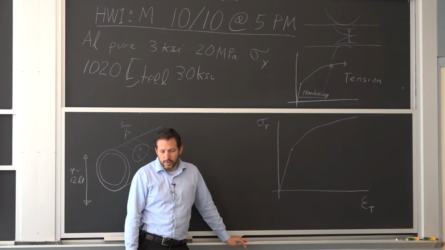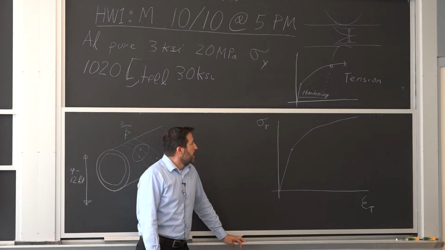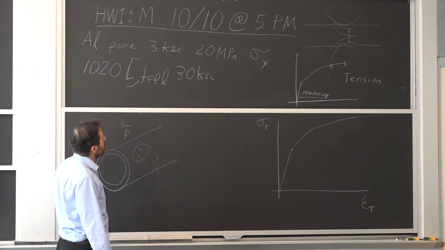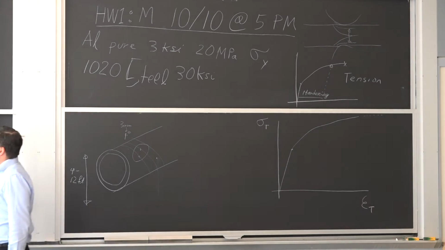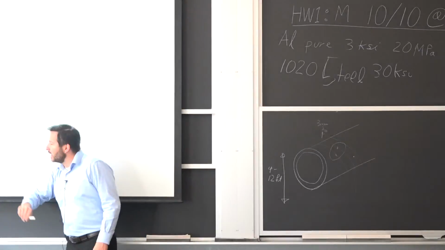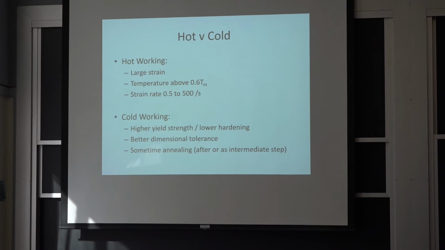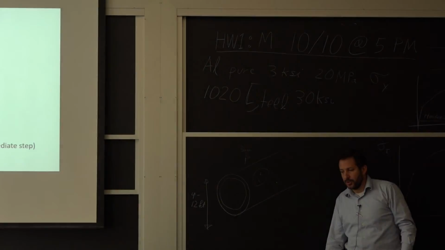We went through that a little too quickly probably last time. So that's really what I meant here by when you cold form, you get higher yield strength. It's a lot more than just going around this curve in terms of the amount of deformation you can generate.